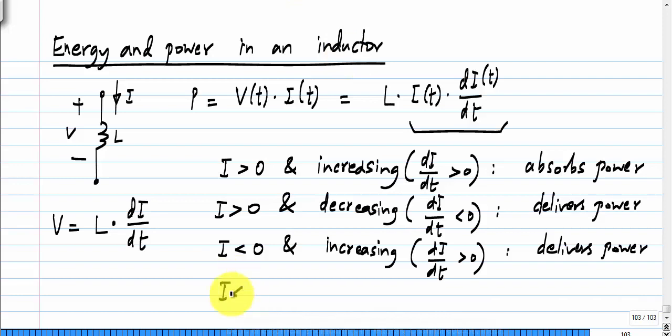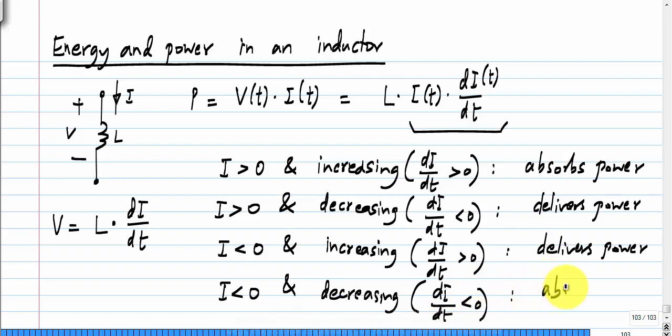And finally, for negative I and decreasing, it absorbs power. Okay.